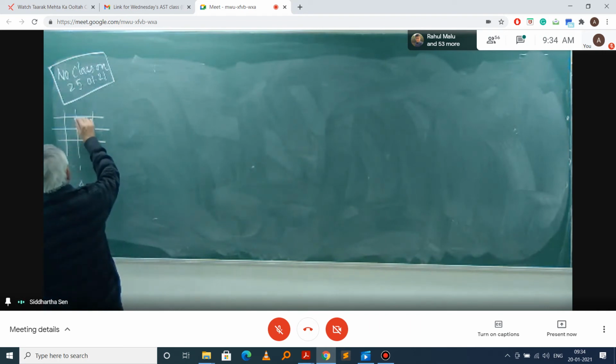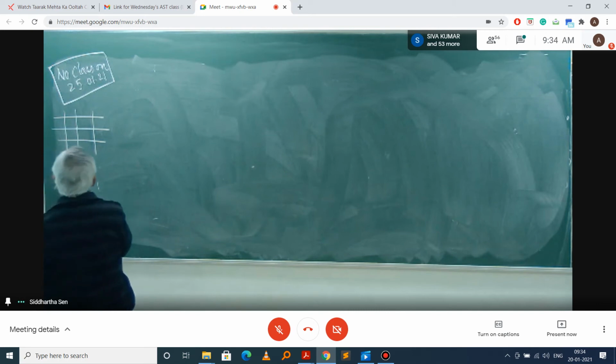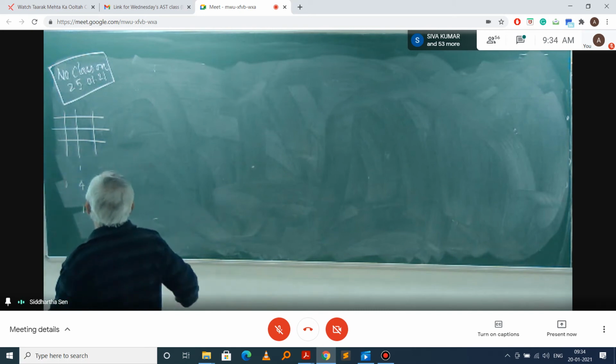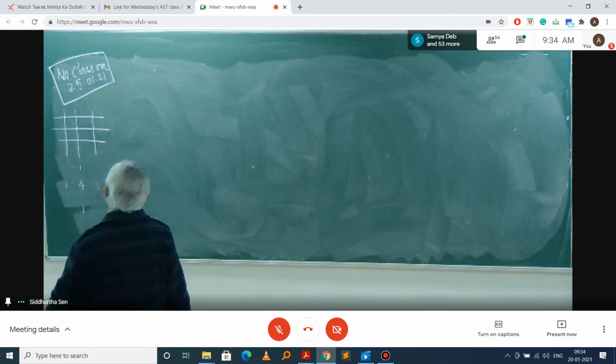Their midpoint is 4, and here all sides are 1 and 1 and like this. In this way, you can just write an algorithm and do that things there.